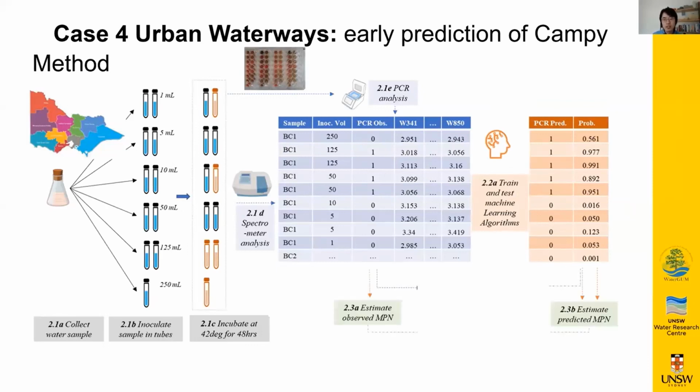Using that, we can compare the PCR observations against the PCR predictions by the machine learning model to see if the models work well. You can also use the probability to estimate the presence of Campylobacter and the most probable number in the raw urban waterway samples.